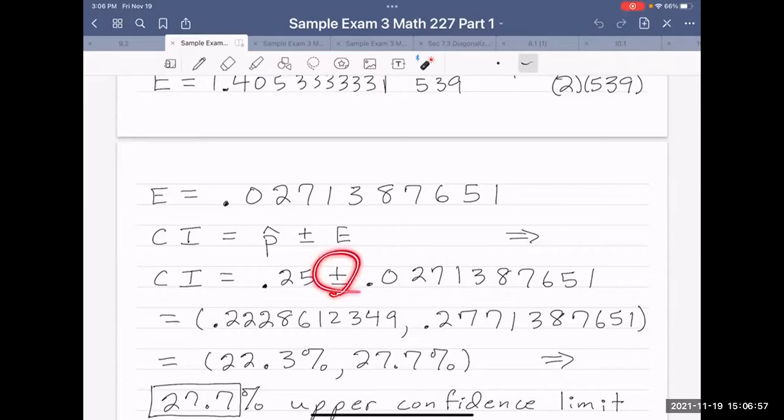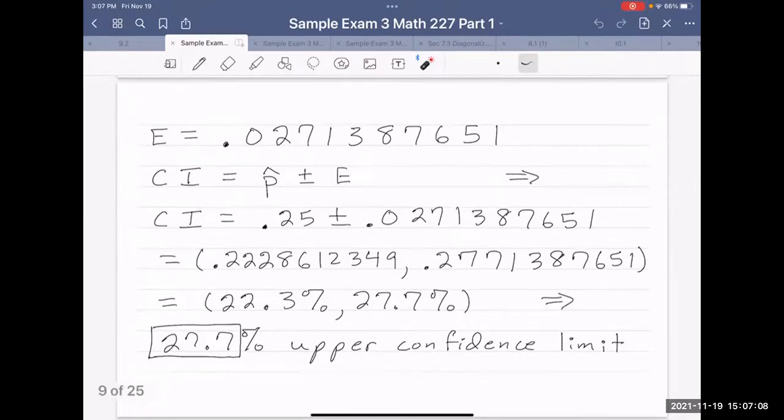And if I add these, I get 0.277138761. And so my upper confidence level is 27.7%.